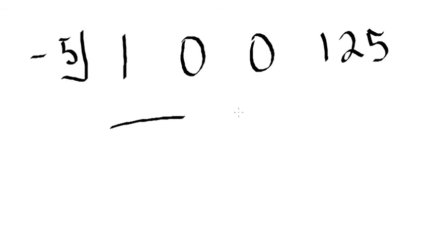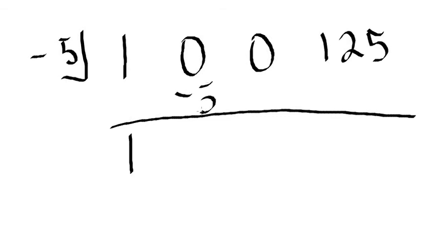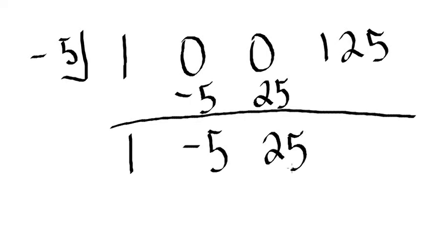All right, write our line, leave enough room, bring the 1 down. Negative 5 times 1 is negative 5. 0 minus 5 is negative 5. Negative 5 times negative 5 is 25. 0 plus 25 is 25.